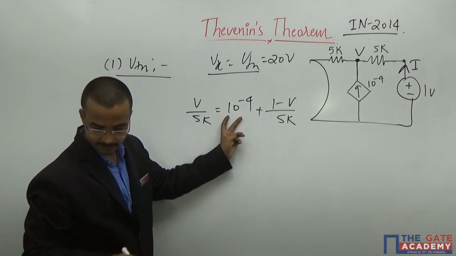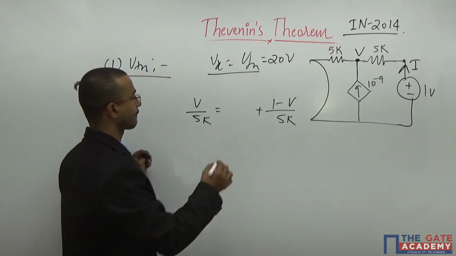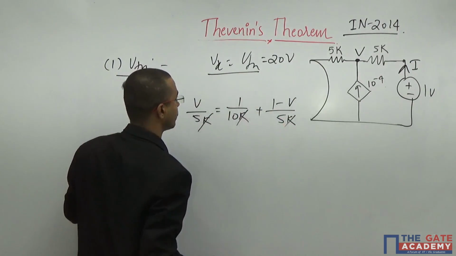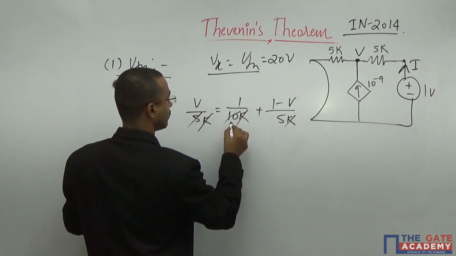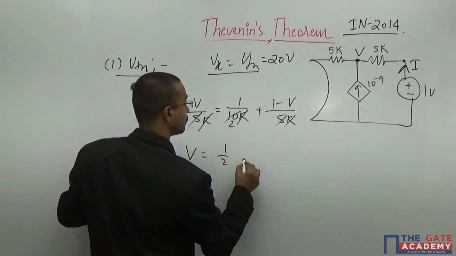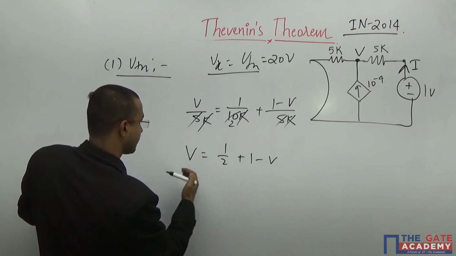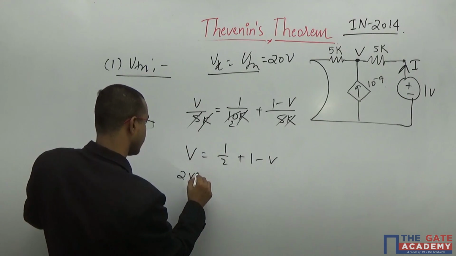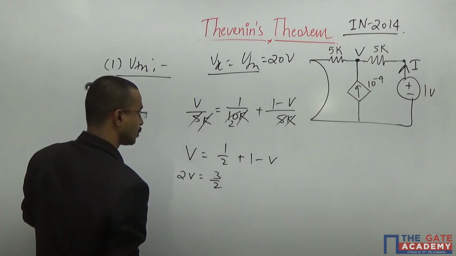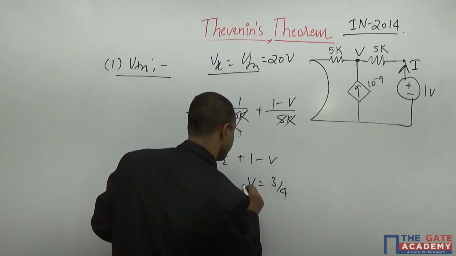And here you can write this 10 raised to minus 4 as basically V by 10k. This k will cancel out in each term, and here V is equal to V by 2 plus 1 minus V. That means you will take 2V is equal to 3 by 2, and V will be 3 by 4.